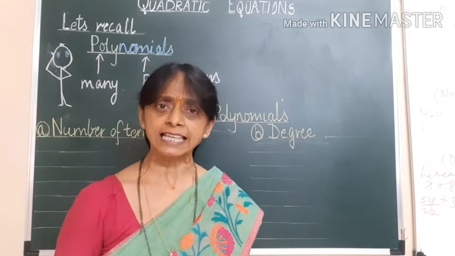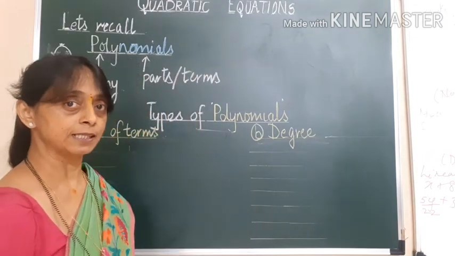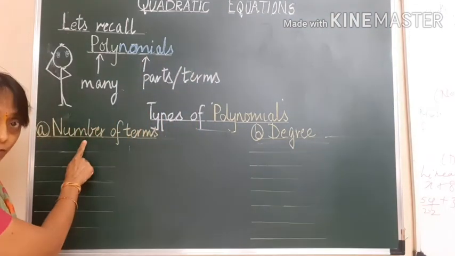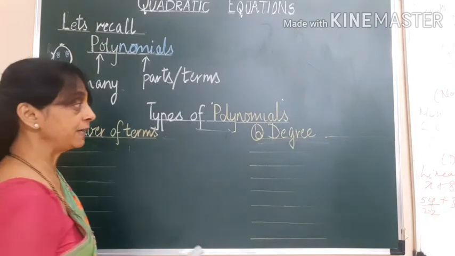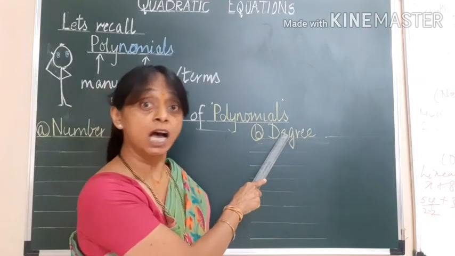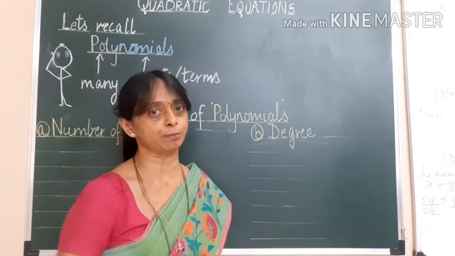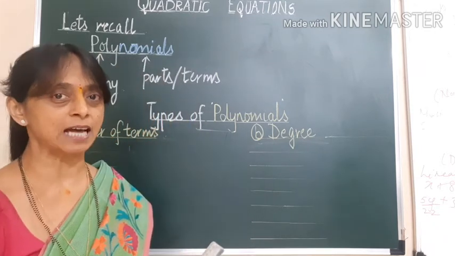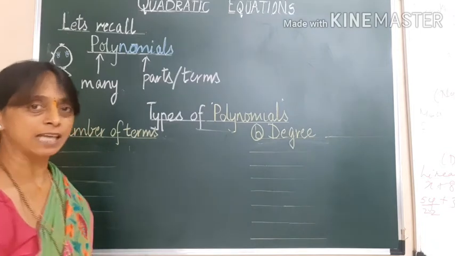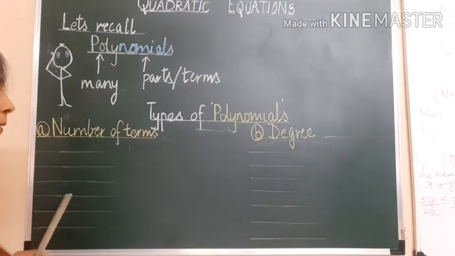Polynomials are categorized into two types, depending upon the number of terms and depending upon the degree, the highest degree of the variable in the algebraic expression. Let me take a few examples to understand the different types of polynomials.